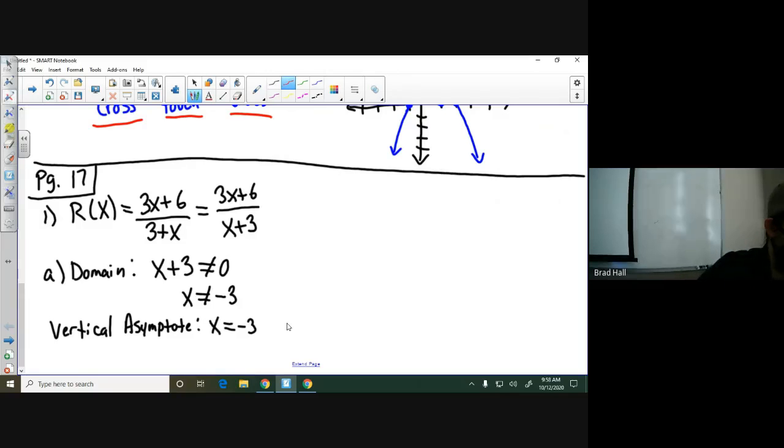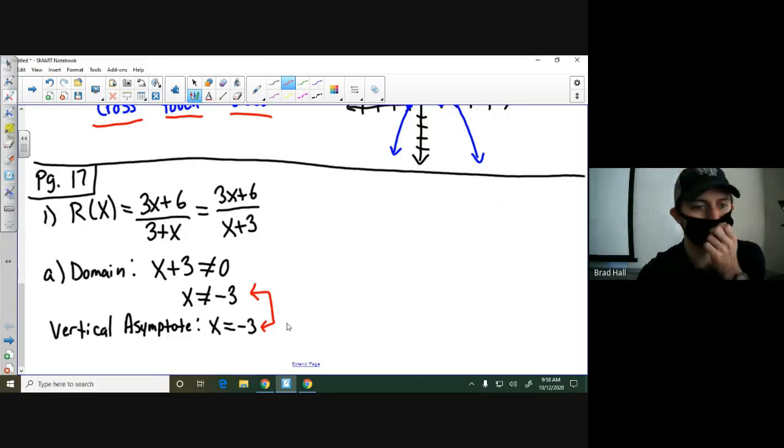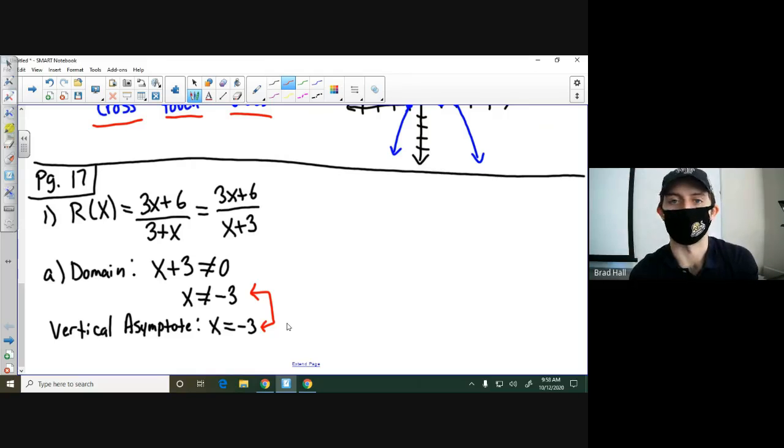Notice the only difference is the sign. Notice for the domain, I used a not equal sign. And for the vertical asymptote, I'm using an equal sign. That's the only difference. And this will be the case in 99% of your homework problems.